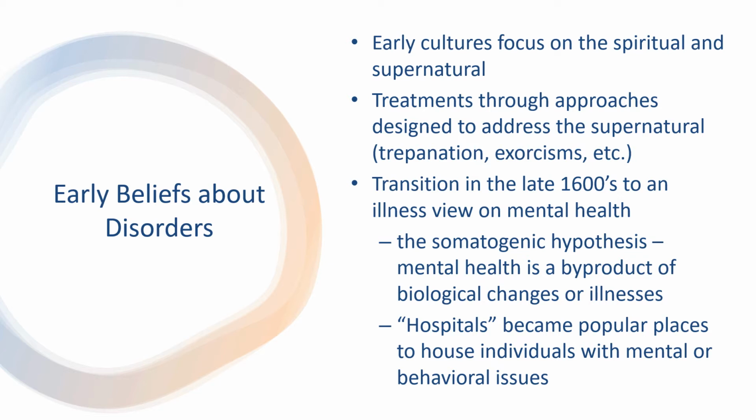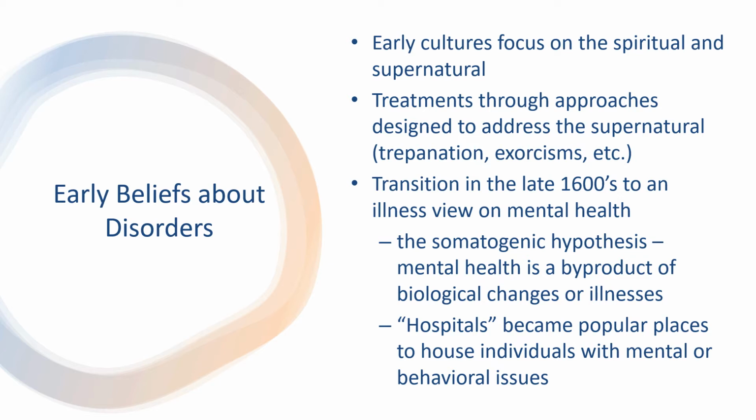But I want you to note that around the 1600s, we did, as a society across Europe, America, and a number of different places, start to transition our take on what the source of mental health issues was.